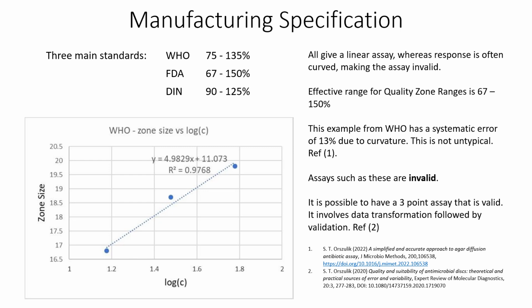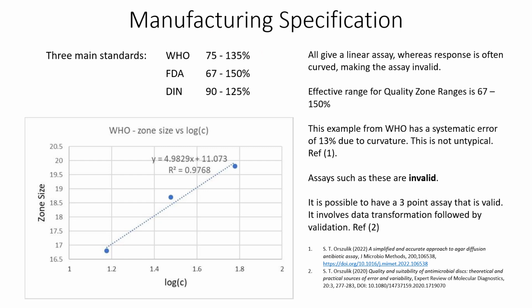Manufacturers make discs according to a specification, and there are three main specifications: the WHO, the FDA, and DIN. These percentages are the amount that is on the disc, the average amount on the batch, and clearly there's a range that is allowed.